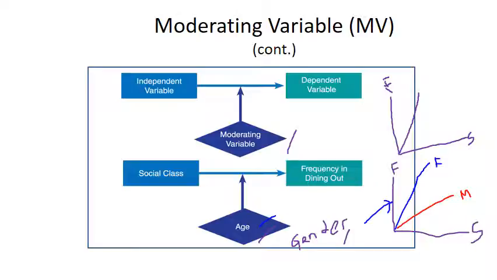So age, let's say we could have a high age here and a low age here. So we could say that for those who are of higher age or older, the social class and the frequency of dining out has a stronger relationship, whereas for the younger, it doesn't really matter much.